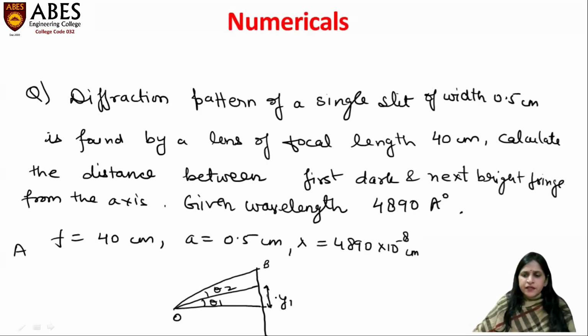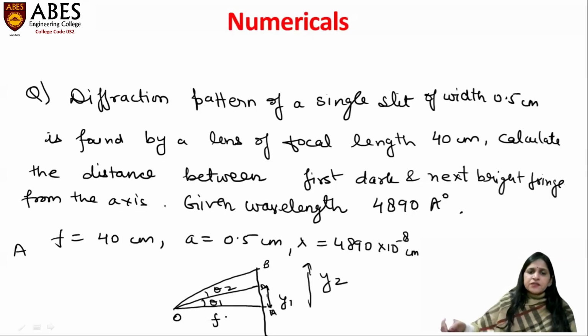So this is dark and this is center, and this distance is Y2. F is the focal length. What they are asking is to calculate the distance, so we have to calculate Y1 and Y2.